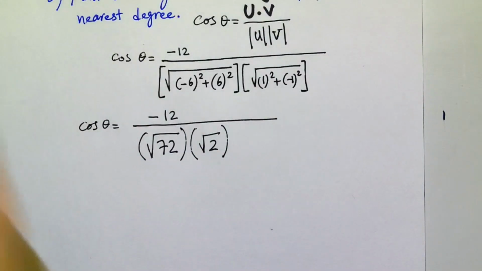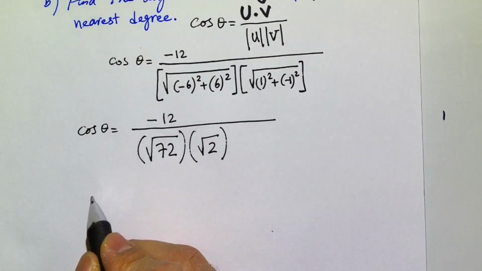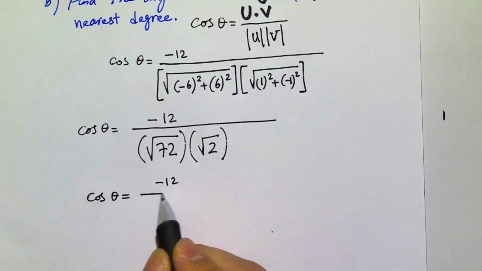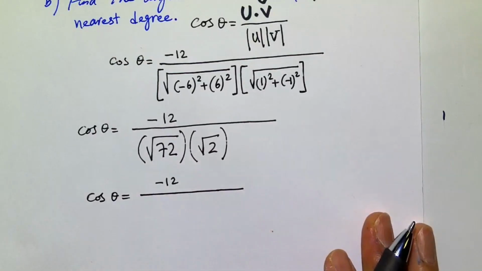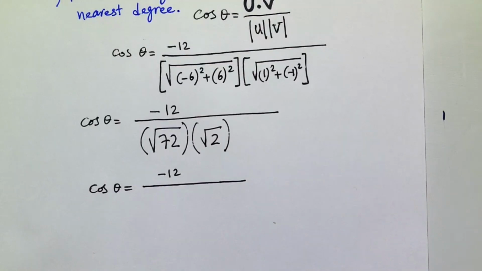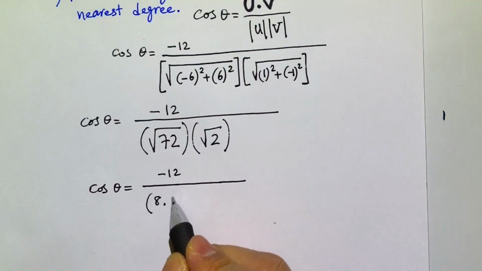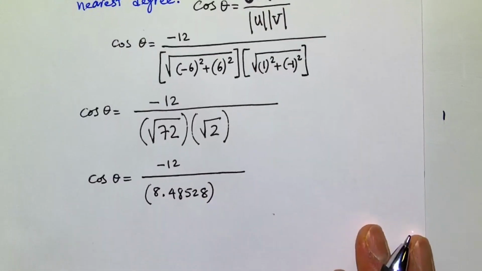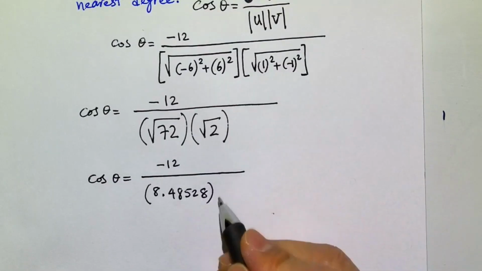So my numbers agree with that so far. Cosine of theta is minus 12 divided by, at this point, I calculated these. This is what I got, 8.48528. Please don't take my word for it. Calculate these numbers and see if your numbers match this.